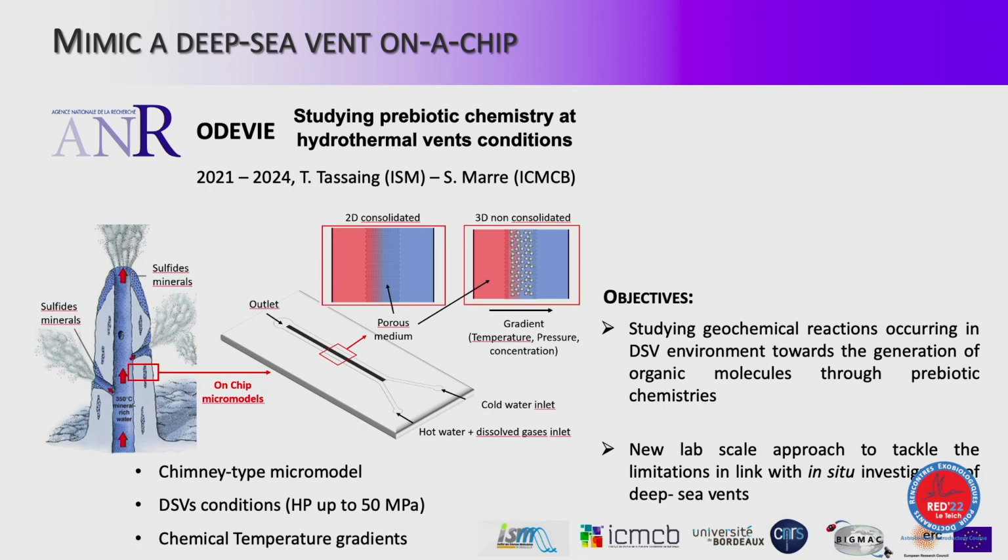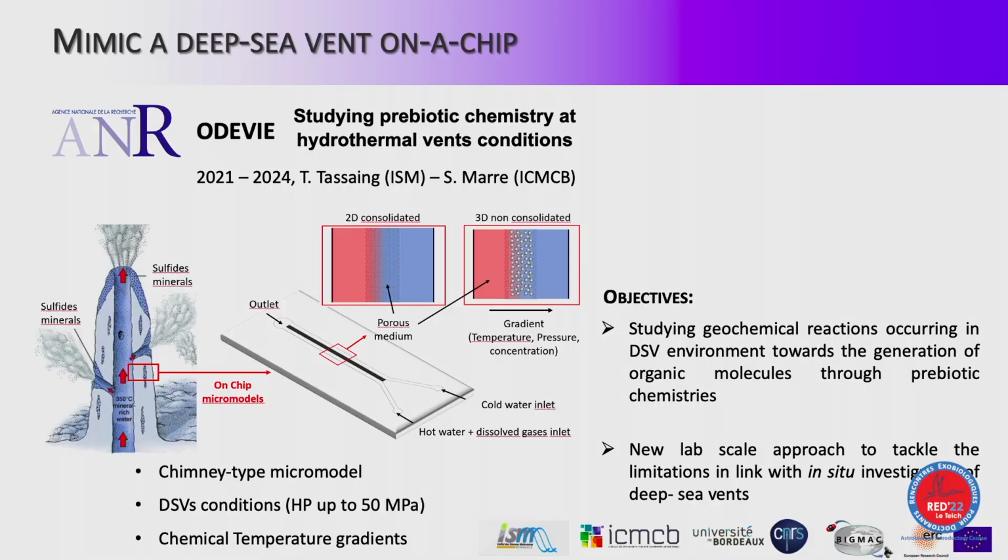It's going to mimic the chimney. You can inject hot water to mimic the fluid of the deep sea vents, and also cold, oxidized water. And in the channel here, you can have some reactive chemicals, some reactive rocks, just to study the geochemical reactions occurring under deep sea conditions.